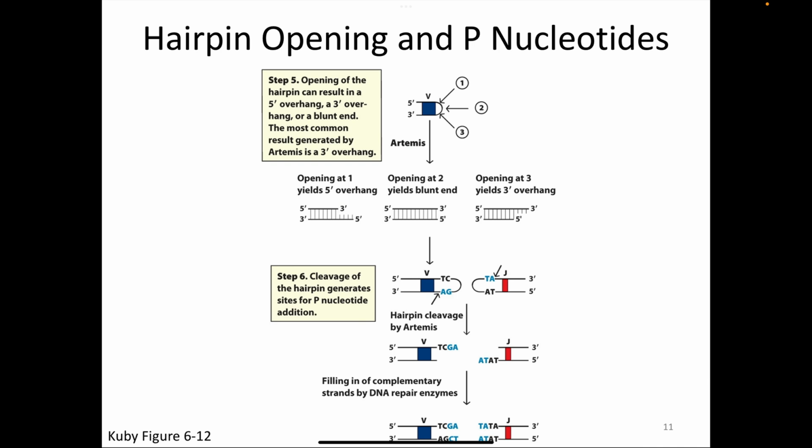Artemis is awesome because it knows how to cleave the phosphodiester bond, but it doesn't know which one to cleave. Huh? What? That's terrifying. So Artemis knows it's supposed to cleave a phosphodiester bond in this area. It's being held as part of a complex, as part of the blue blob in this area, but it doesn't know which phosphodiester bond to cleave.